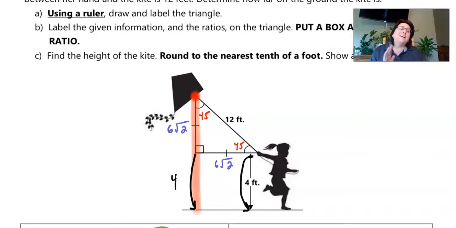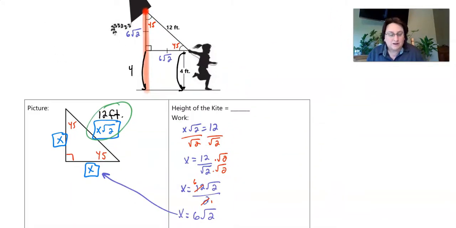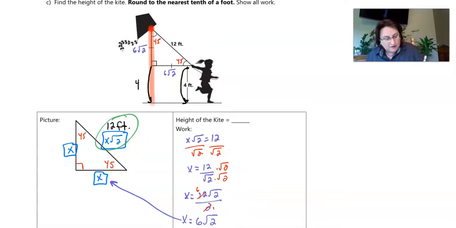So in order to find the height of the kite, I need to add these two together, right? Because part plus part equals the whole. Okay, so what does that look like? Okay, this is what this looks like. Okay, so let me go back over here. All right, so I would have 6 square root 2 plus 4.